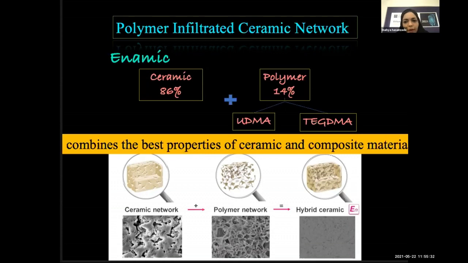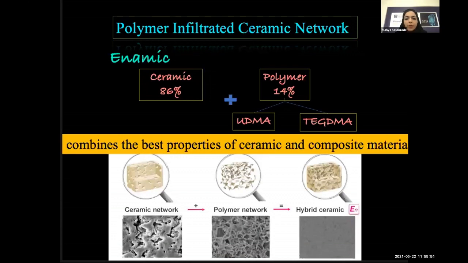And then we have the hybrid material that is composed of two interconnected networks, dominantly ceramic for about 86% and polymer for about 14%. The polymeric part of this material is composed of urethane dimethacrylate and triethylene glycol dimethacrylate.